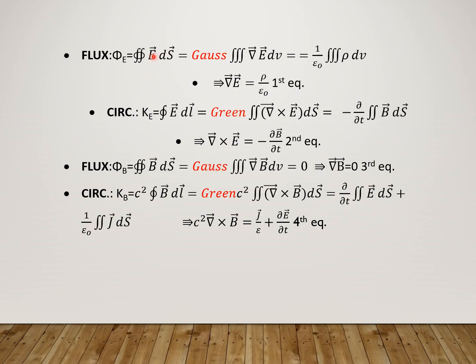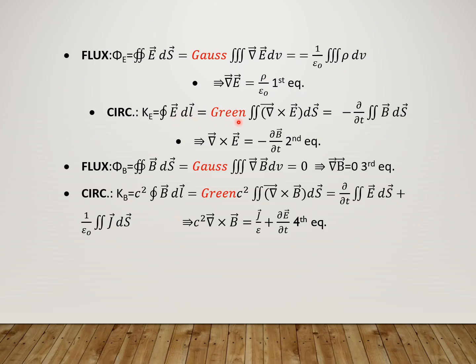That means the closed surface integral over the surface S, and with the help of Gauss theorem, this surface integral is transformed to a volume integral of del dot E, and from this we have the first of the Maxwell equations, the dot product of del and E. Now, the circulation of a vector E around a loop is this expression, E dot dl.